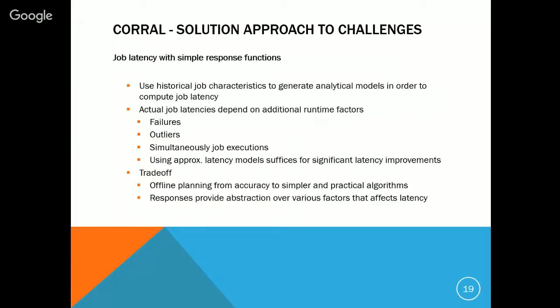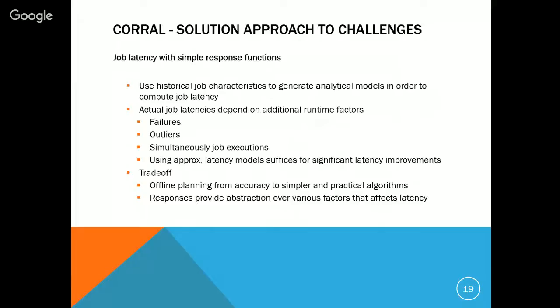Since a latency approximation is only used for offline planning, they are willing to trade off accurate latency values for simpler and practical planning algorithms, which are also efficient to test with. So what is the trade-off that we're talking about here between accurate job latencies and approximate job latencies? The offline planning trades accuracy for simpler and practical algorithms.